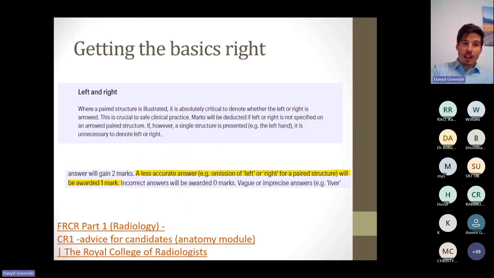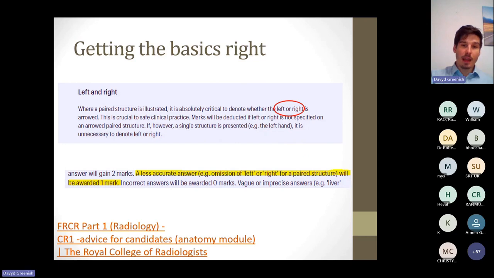In terms of getting the basics right with Msk, getting your left and right correct is really important. The exam wants to make sure you have good anatomy for reporting, so if you've got a paired structure on the screen, you need to denote which hip is fractured, or which neck of femur is fractured, for example.